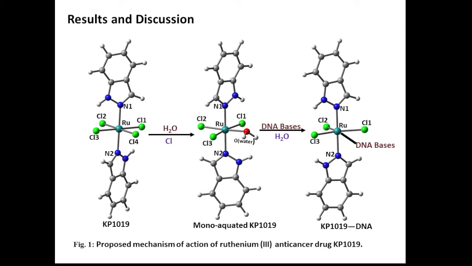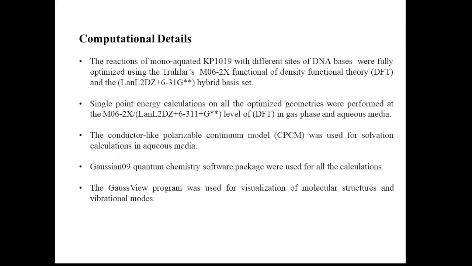The optimization was done in the gas phase, and thereafter single point energy calculations were done on all the optimized geometries with a diffuse basis set, that is 6-311++G(d,p) on all the atoms, both in gas phase and aqueous media.